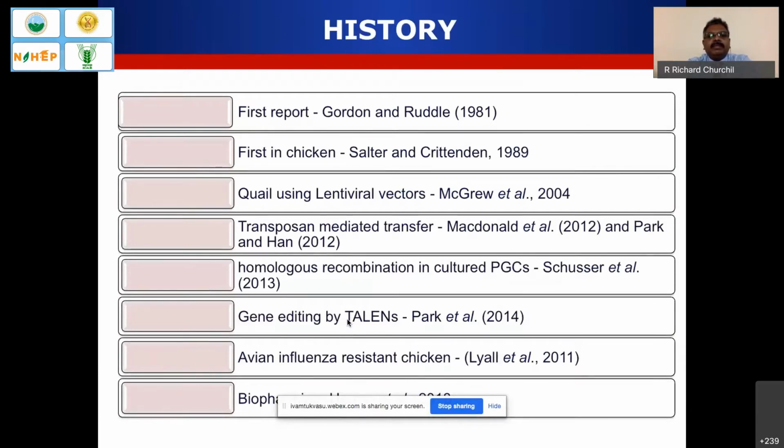It goes on, and many transgenic chickens have been reported later. And now gene editing, all the recent developments in biotechnology, has helped a lot in producing transgenic birds.